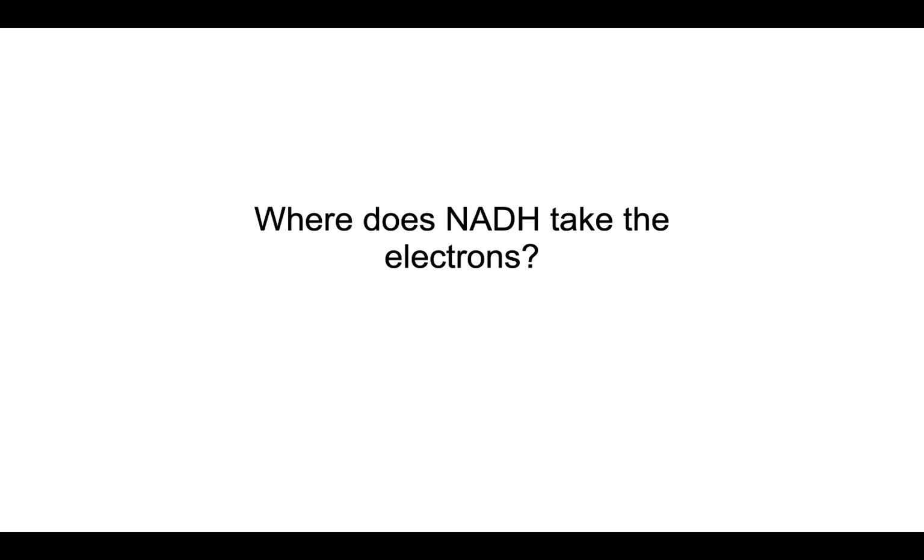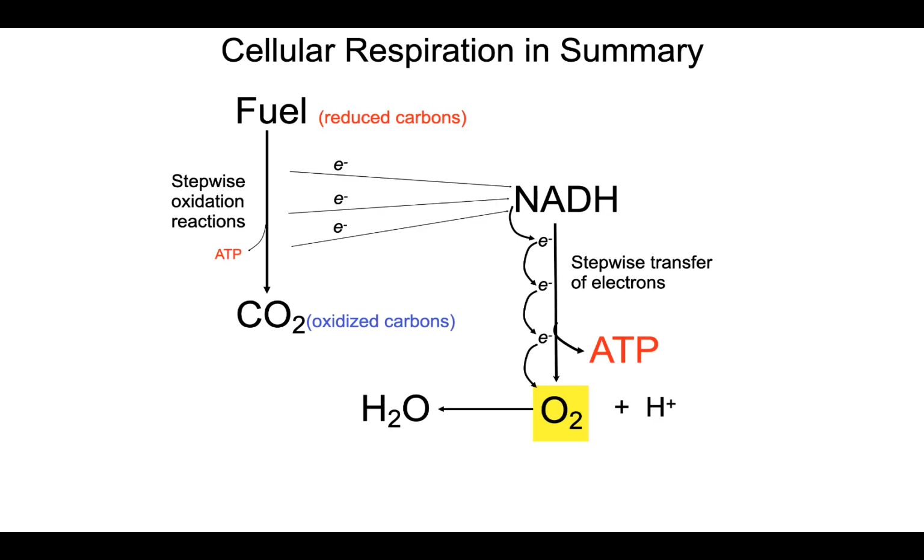Where does NADH take these electrons? Well, what it does is after it strips those electrons from our fuel source, oxidizing our fuel source eventually to CO2, our NADH goes to what's called the electron transport chain, and that starts off a series of redox reactions where we're passing those electrons from one molecule to another in a series, again, of redox reactions. Those reactions are exergonic.